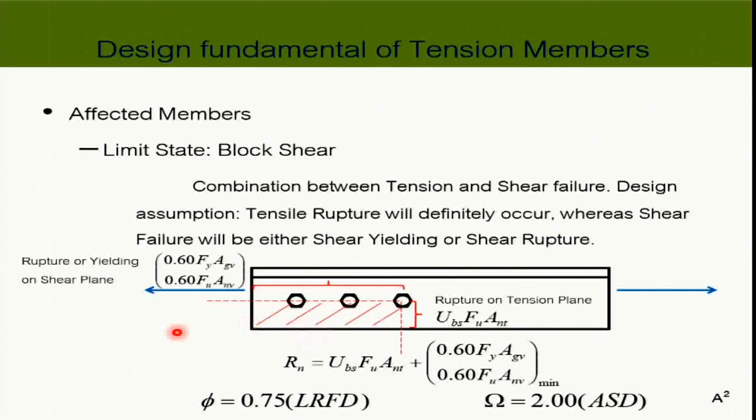This time it is the combination of failure under tension on this side and under shear on that side. When this failure occurs, this chunk, this block, is going to be torn apart from the member. So we call this failure block shear, because this block will be sheared off from the member.